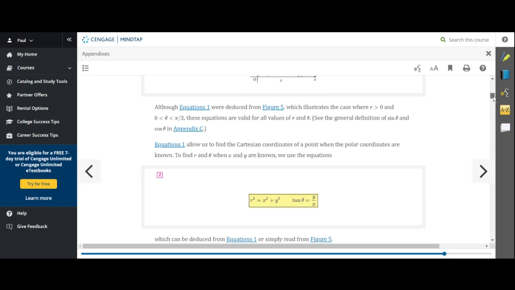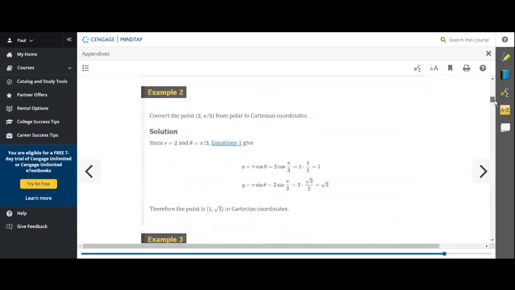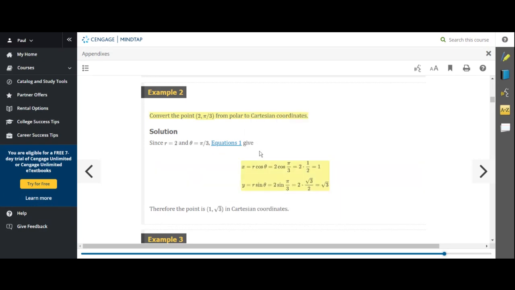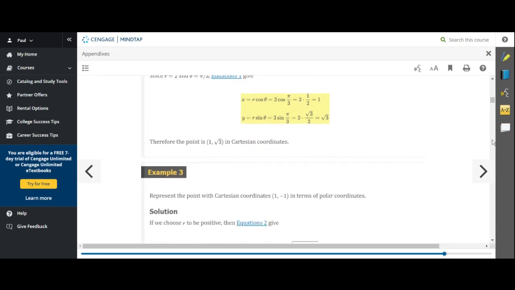Okay, so the book has some nice examples. Here in example 2, they say convert this polar coordinate, which has a radius of 2 and an angle of 60 degrees, from polar to Cartesian coordinates. Of course, you just apply the formulas, and you find that x equals 1 and y equals √3.